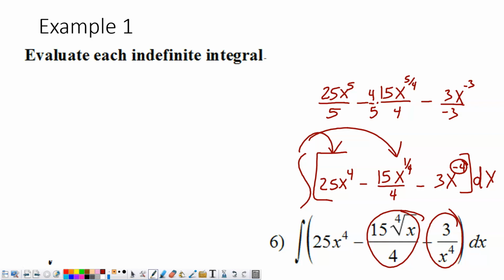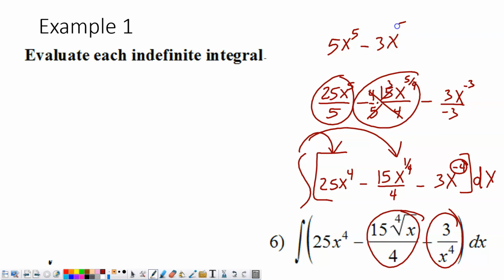All right, now we get to simplify a little bit. So here, 25 over 5 is 5. Here, the 4's cancel, and the 5 goes into 15 3 times. Here, the 3's cancel, but notice that there's a double negative, so that one's actually going to become a positive now.